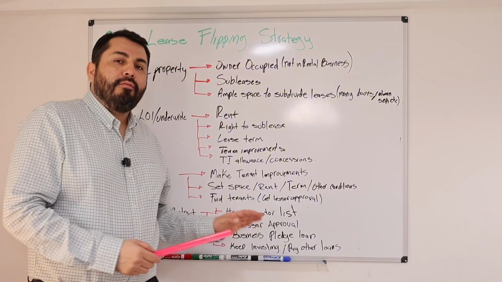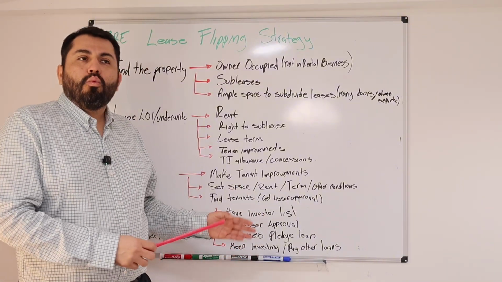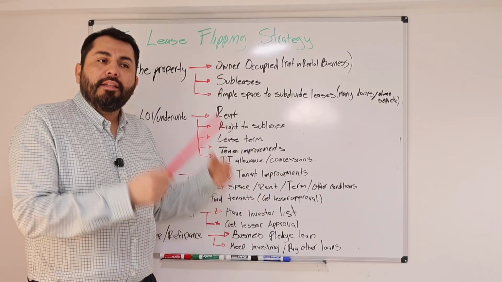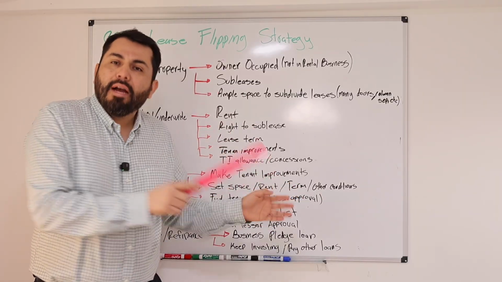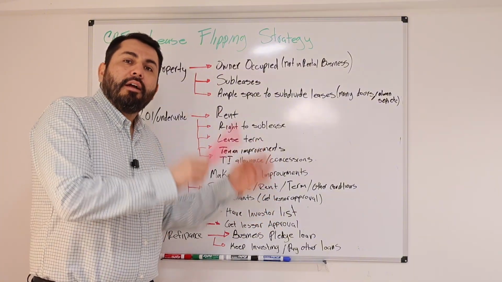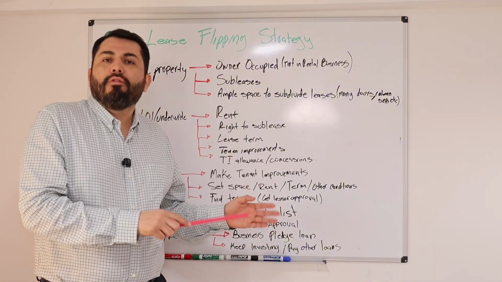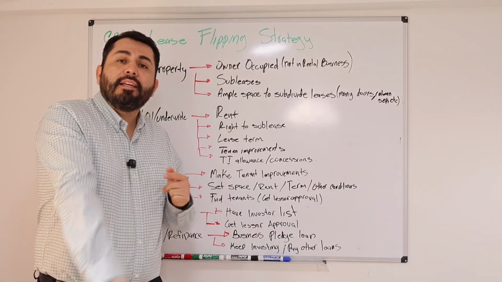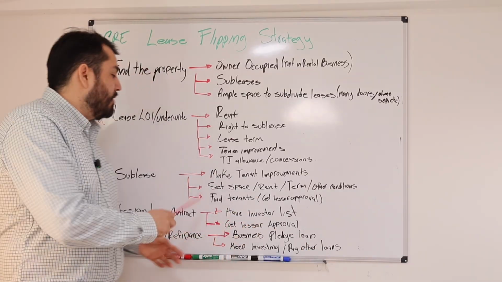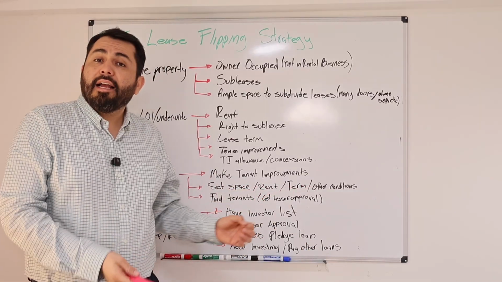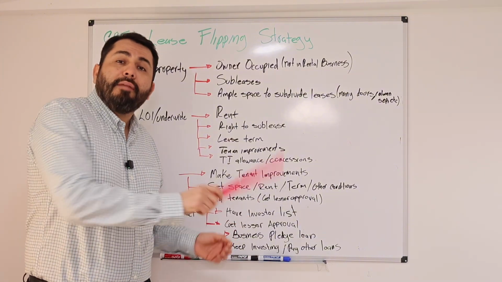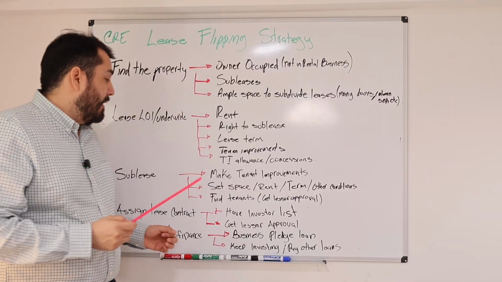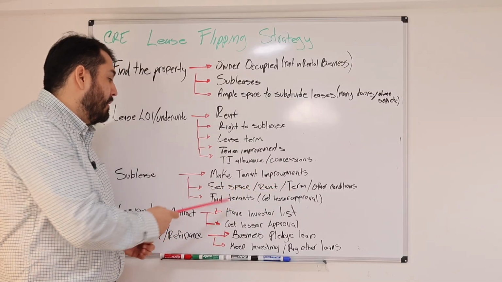Because, for example, in industrial, when one company have already a lease and that lease will expire and they want to move, they start looking for a space 6 months before the lease expires because they don't want to expire the lease and then look for space. So that's why you can sign a lease agreement before they move out, and then you can start looking for tenants here while you are making improvements.